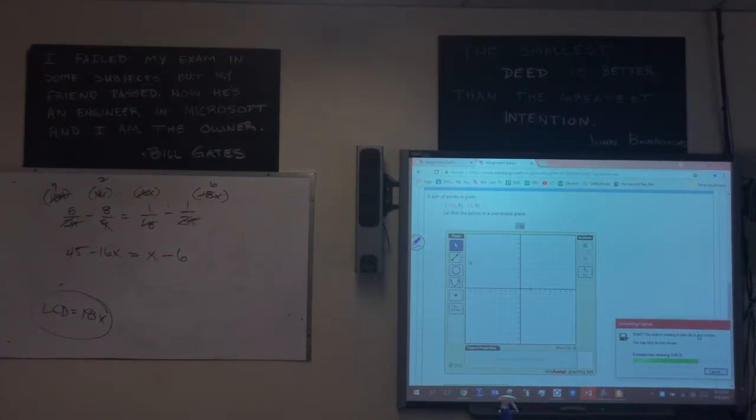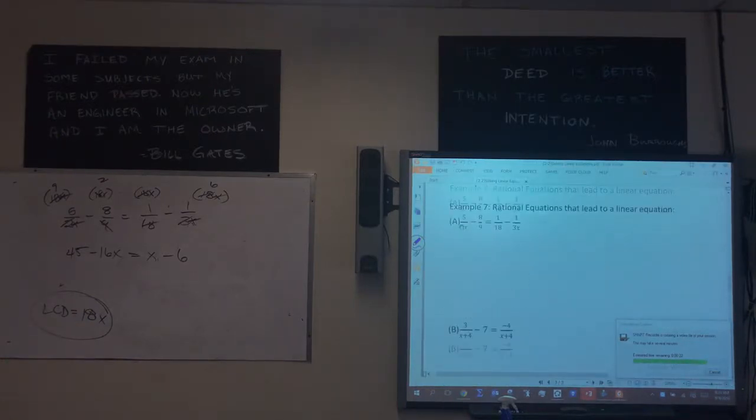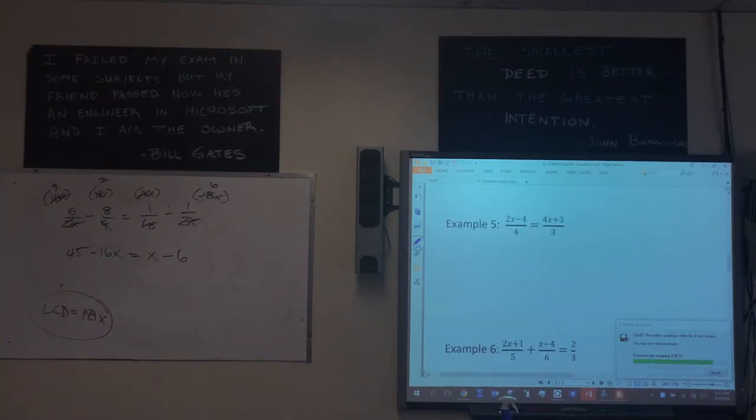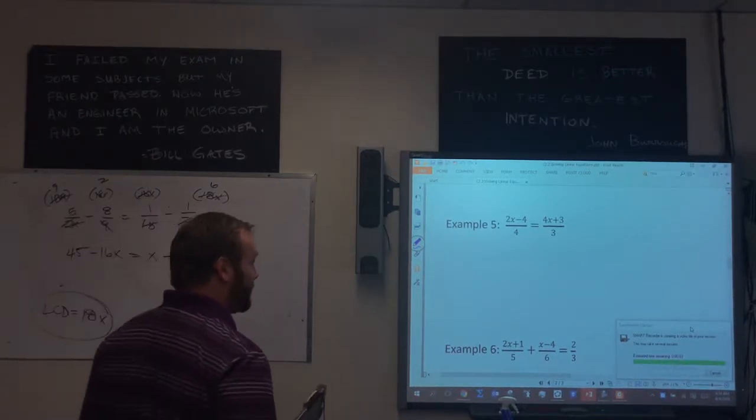All right, so we're going to wrap up those last few examples on that PDF. On some of these, my concern is not necessarily that we know the steps, because I think we already know the steps.